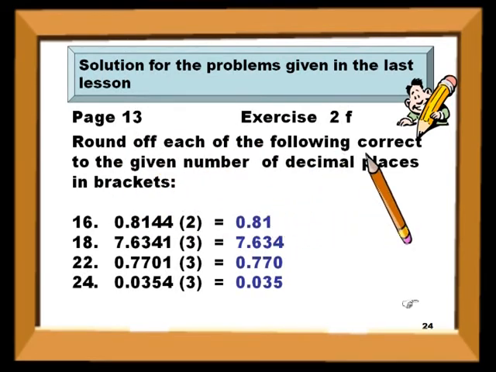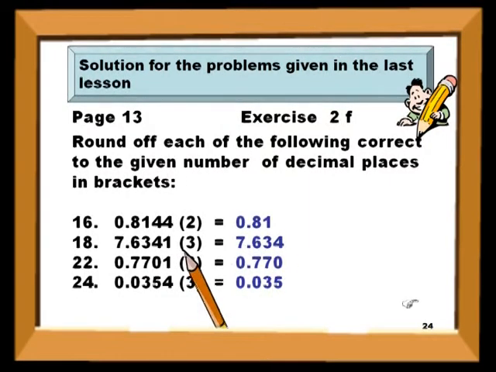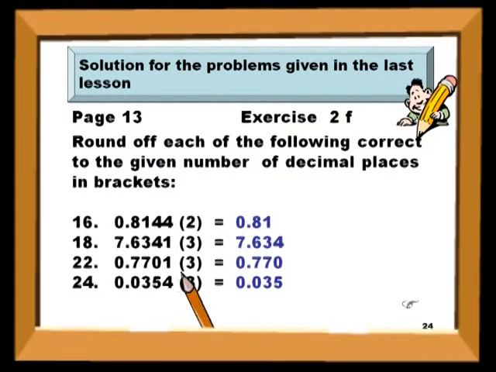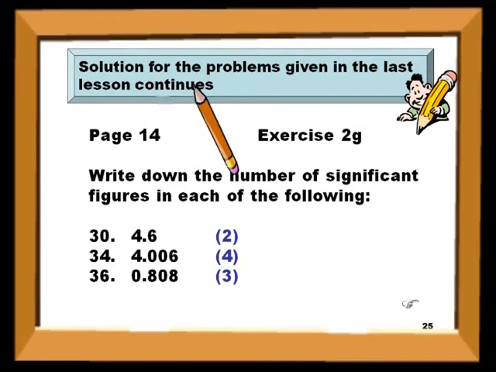Round off each of the following correct to the given number of decimal places in brackets. 6. 0.8144 to 2 decimal places equals 0.81. 18. 7.6341 equals 7.634. 22. 0.7701 equals 0.770. 24. 0.0354 equals 0.035.